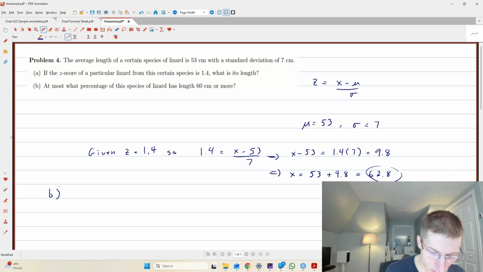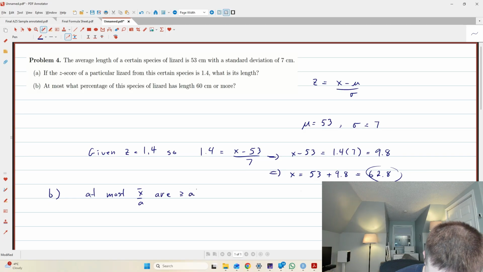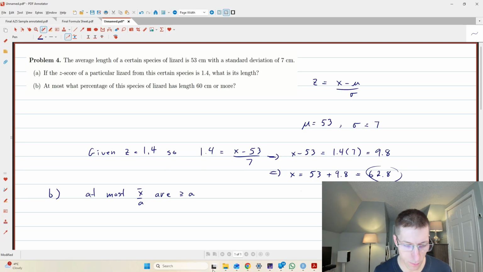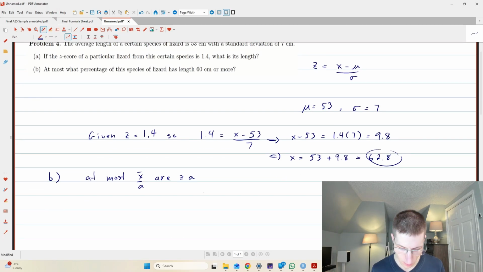So Markov's inequality says, at most x bar over A are bigger than or equal to A. So if you look at the formula sheet, all you're given here is x bar over A, and that is to kind of trigger in your mind that that's Markov.